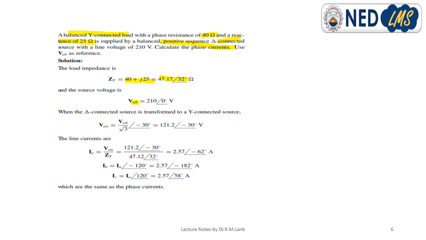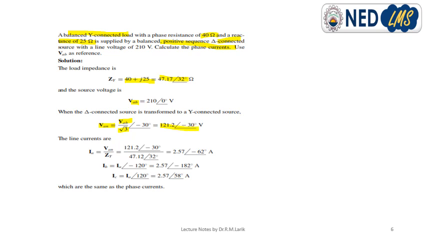When a delta connected source is transformed to a Y connected source, we must know the property that the line voltage equals root 3 times the phase voltage. So you get the phase voltage by dividing the line voltage by root 3, and because of the property, it lags the respective line voltage by 30 degrees.